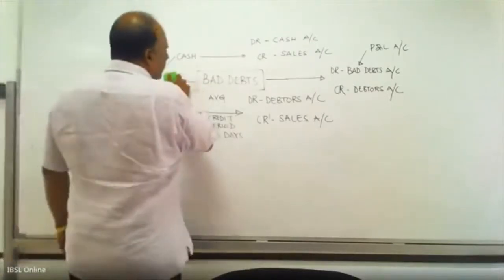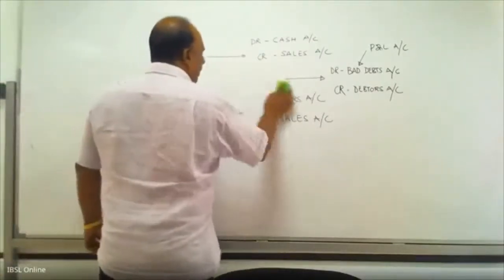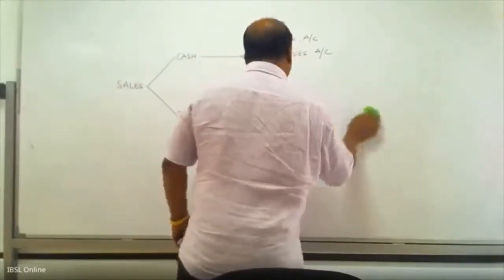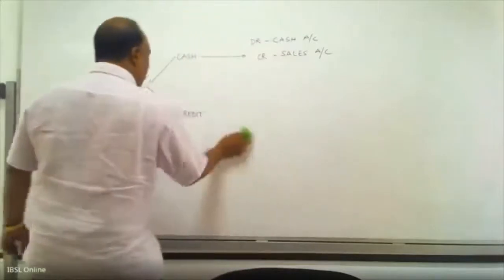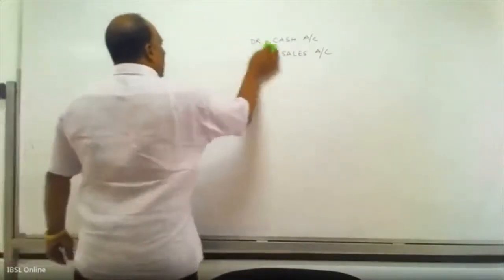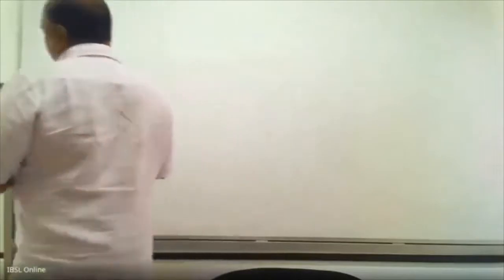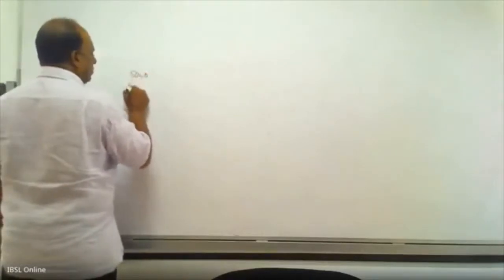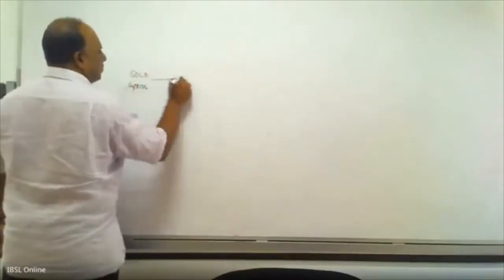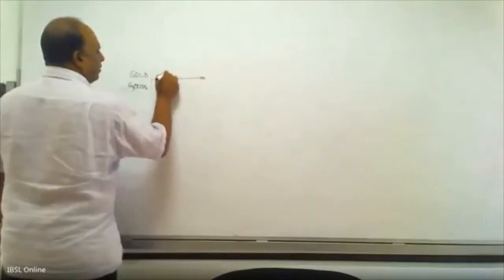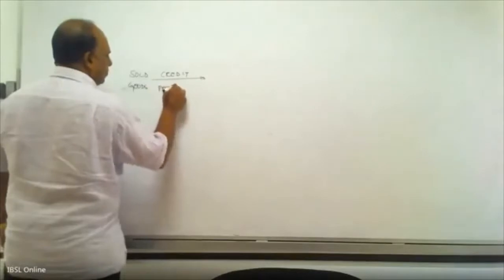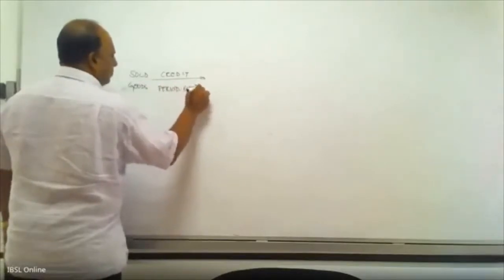Now there is another scenario. Let me give you an example again. Let's assume you have sold goods to a person and you have given a credit period of 60 days.